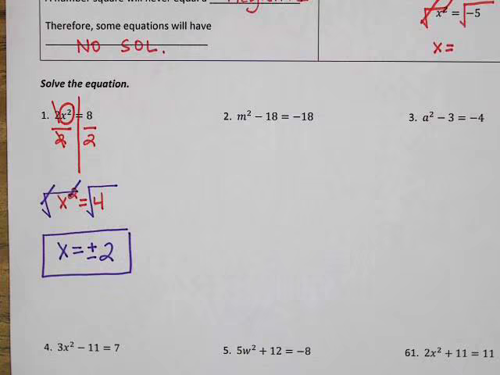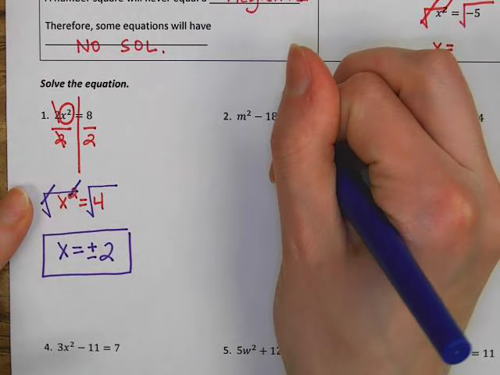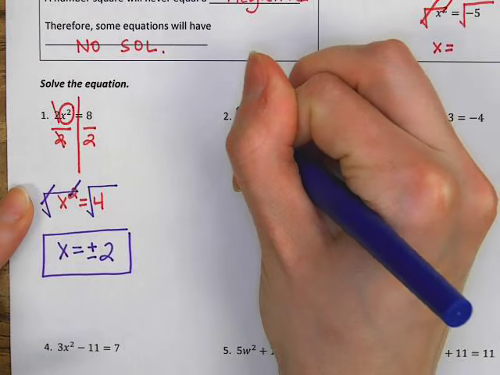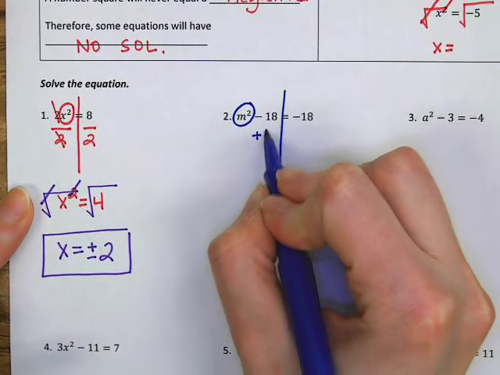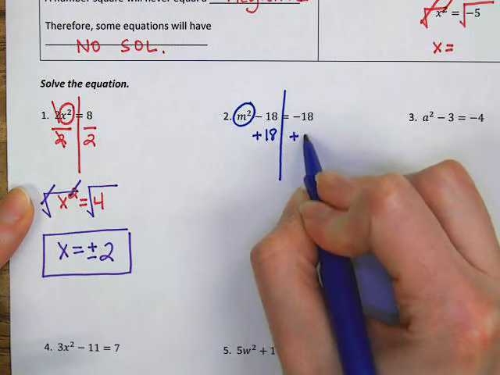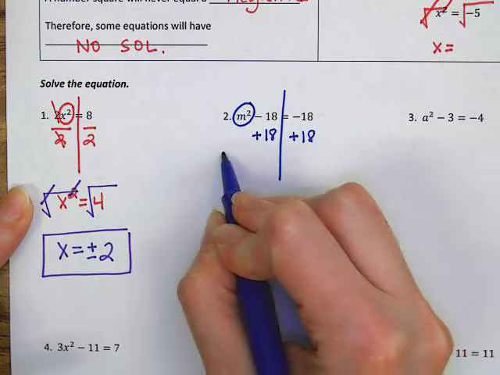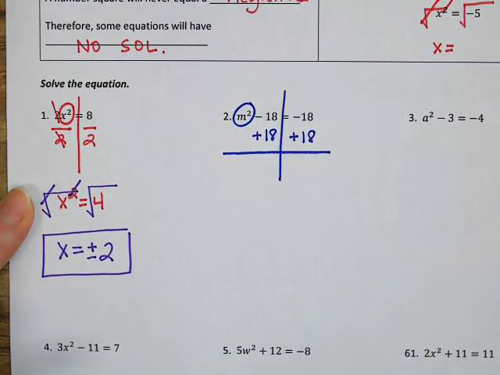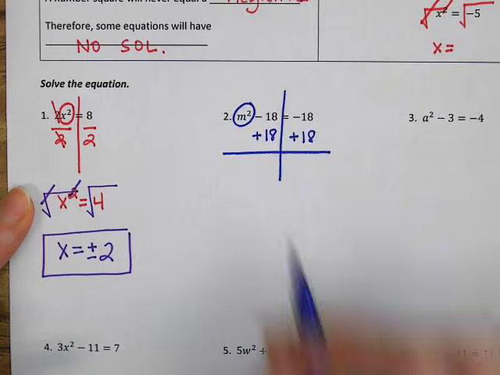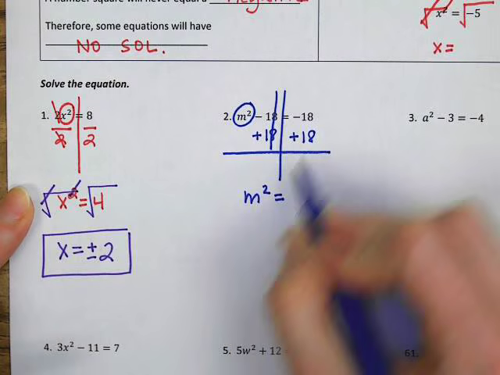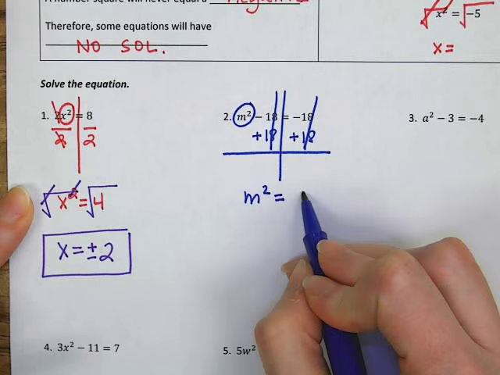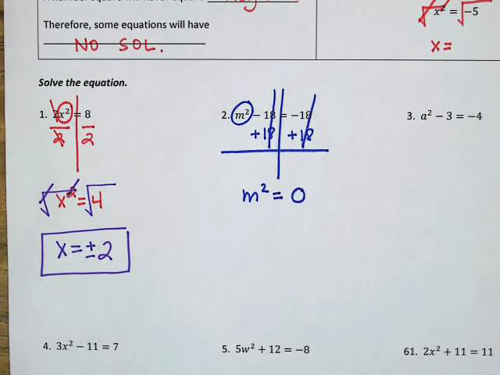All right, let's try number 2. Draw your wall. We need to isolate first. So the very first thing we have to do is add this 18 over to the other side. These cancel. You get m squared equals, these also cancel, so 0. M squared equals 0.